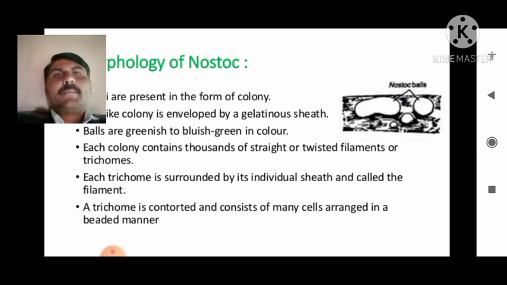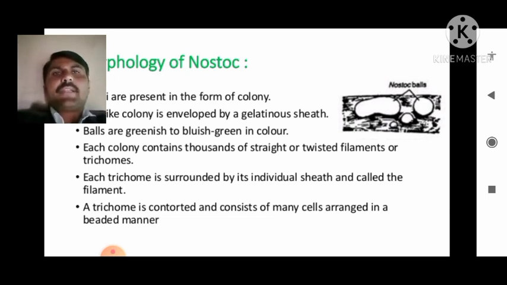The colony of the Nostoc contains thousands of threads or filaments, and sometimes these filaments are called trichomes.